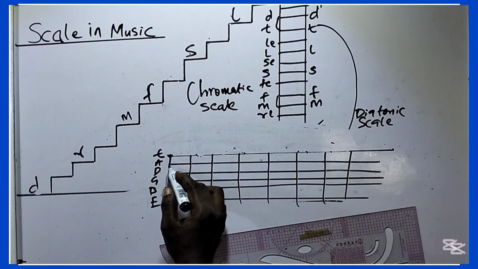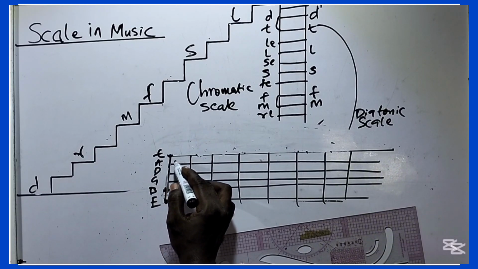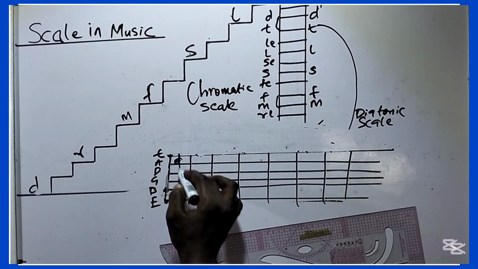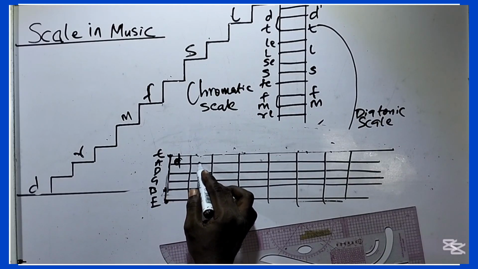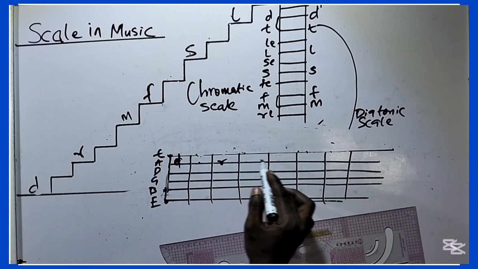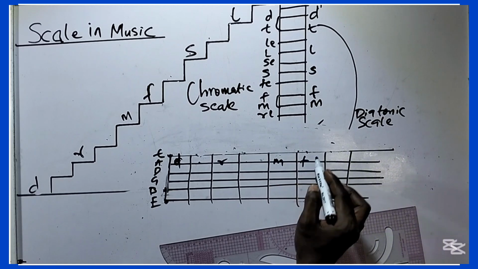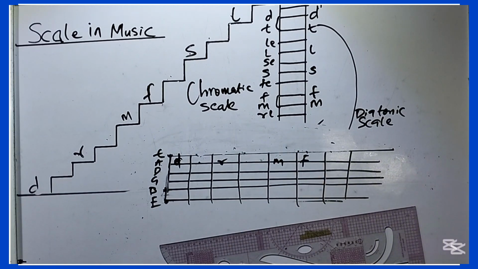If this is A open string, then if you touch this one, A flat, and that is where the Do starts. So if you play Do, you leave this one, this is the Re, leave this one, this is the Mi. After Mi, this is the Fa. Do you understand it? So that is how all of them work.